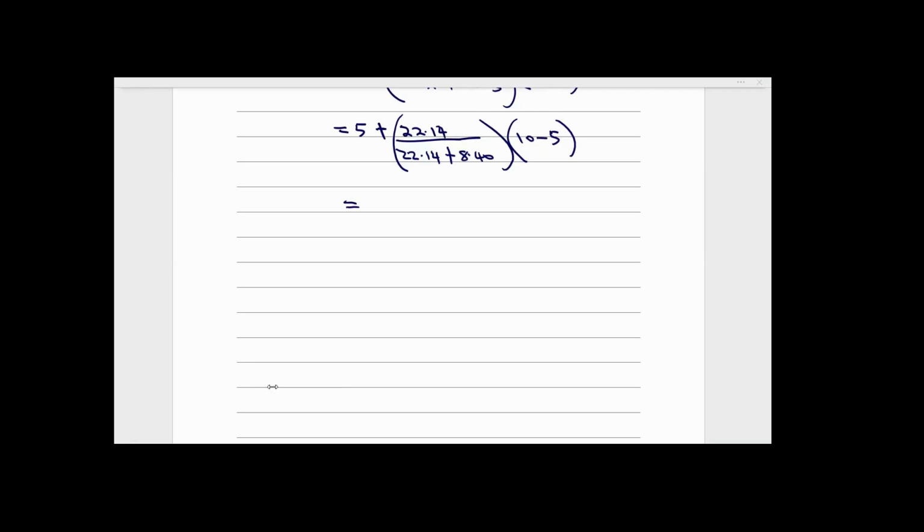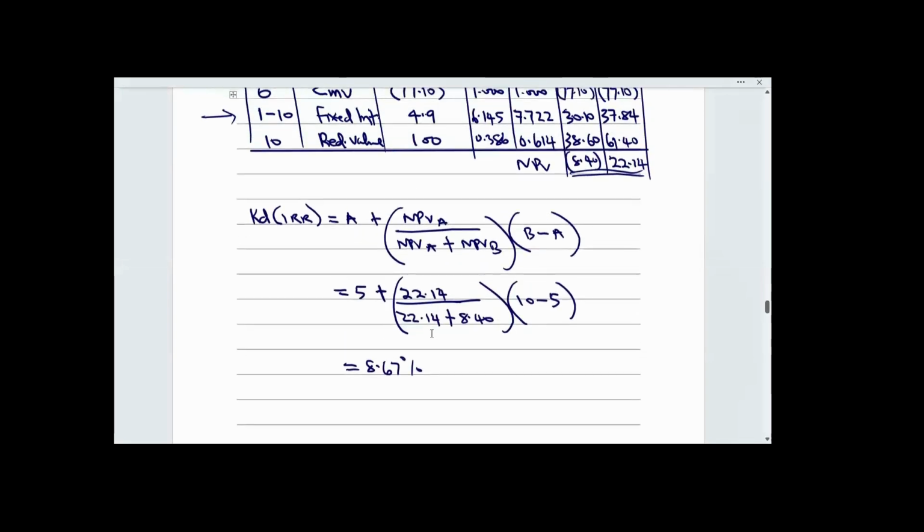That's 8.67%. So the cost of redeemable debenture is 8.67%.